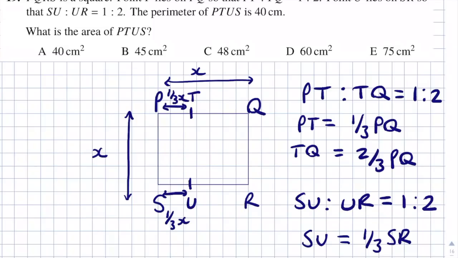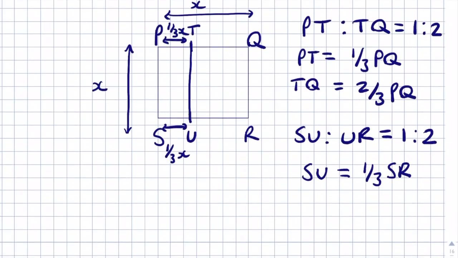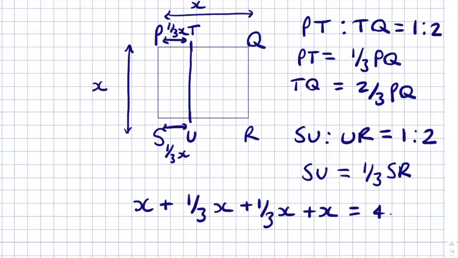So what we've got here is, if I join T and U, we've actually got a rectangle that has a width of a third of X and a height of X. Now, we're told that PTUS has a perimeter of 40 centimetres. So we've got our side lengths in terms of X. So we can say X plus a third of X plus a third of X plus X is equal to 40.